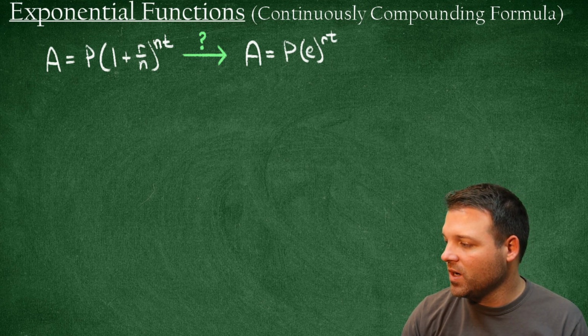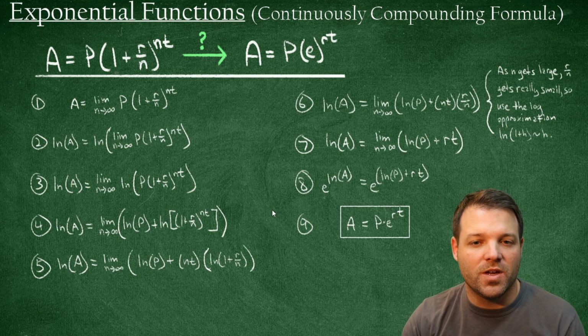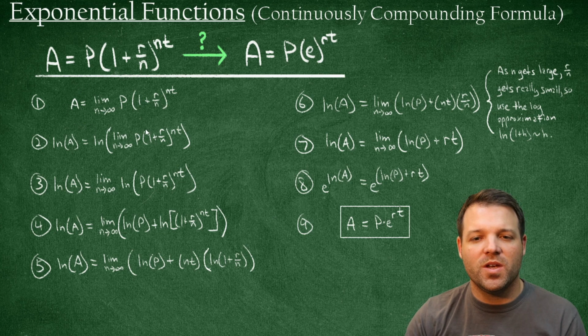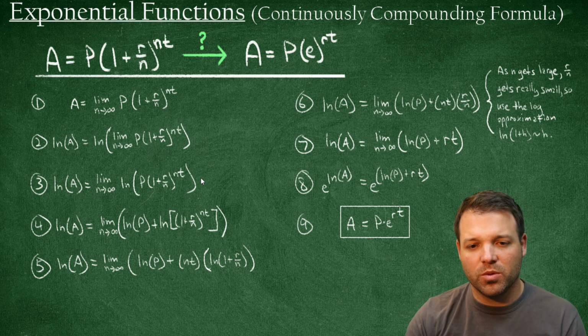So what I'm going to do now is go ahead and throw this derivation up on here. Even though you may not be able to follow these steps right now, just within a few additional lessons, once we get into logarithms and solving equations and doing some algebra with those, you will probably be able to understand these steps.